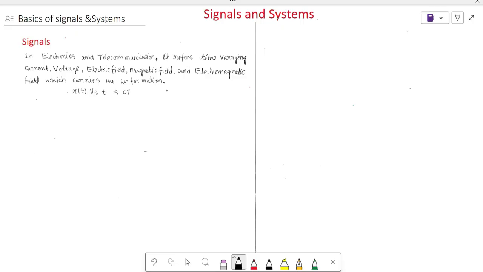But in case of discrete time, it is x of n versus time. Here the time is denoted by the small n for discrete time. We will discuss the major difference between CT and DT.